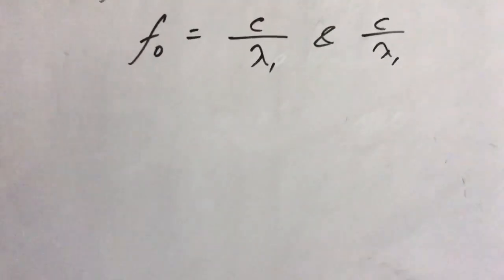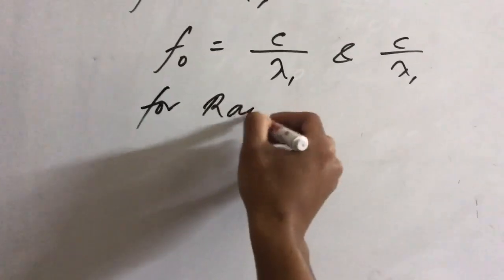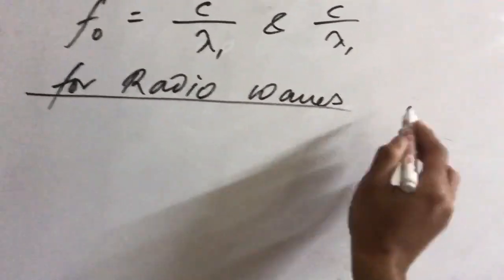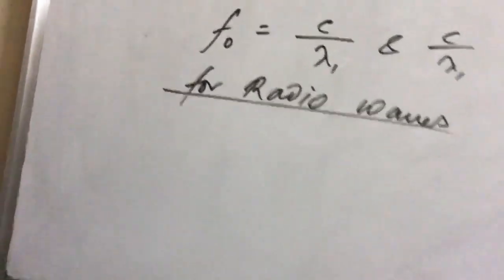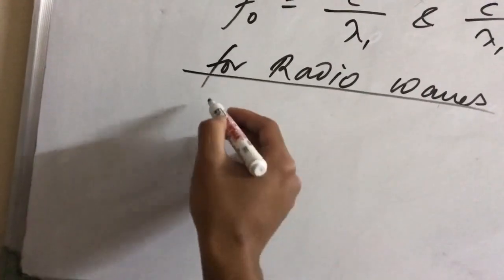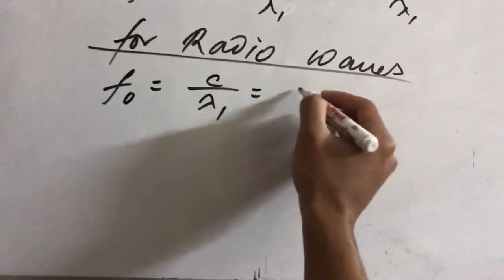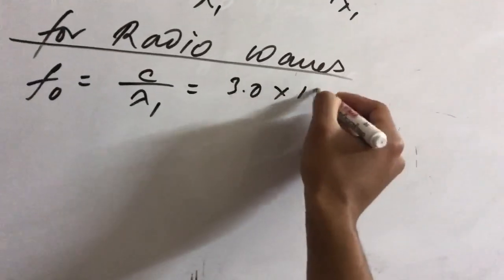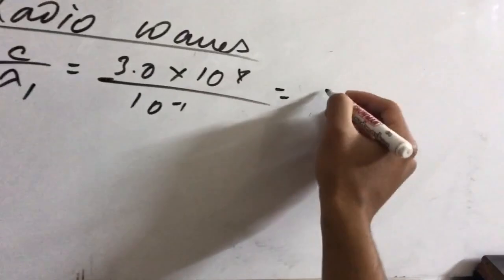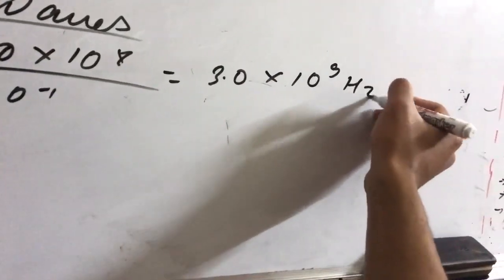I'll show you how for radio waves. First, f1 is 3.0 into 10 to the power 8 upon 10 to the power 4, that gives 3.0 into 10 to the power 4 hertz. And for the other, f2 is c by lambda 2, that is 3.0 into 10 to the power 8 upon 10 to the power minus 1, and that is 3.0 into 10 to the power 9 hertz.